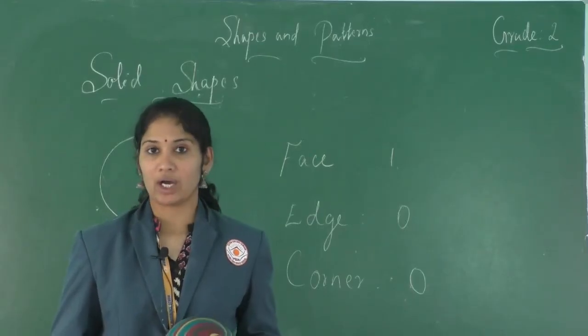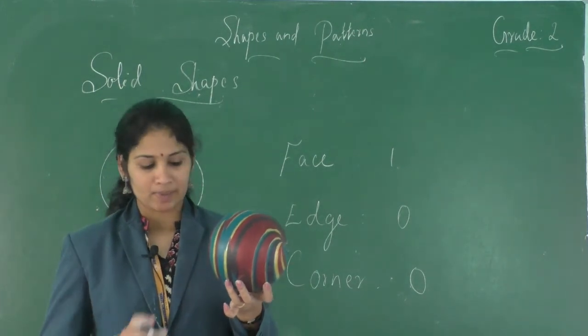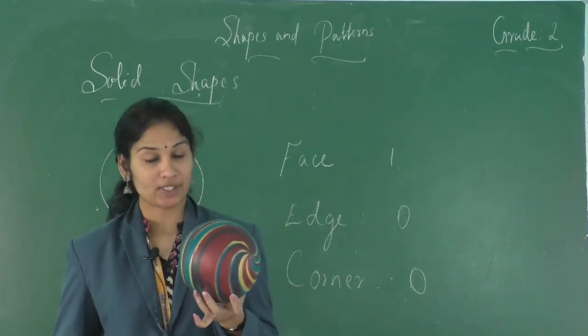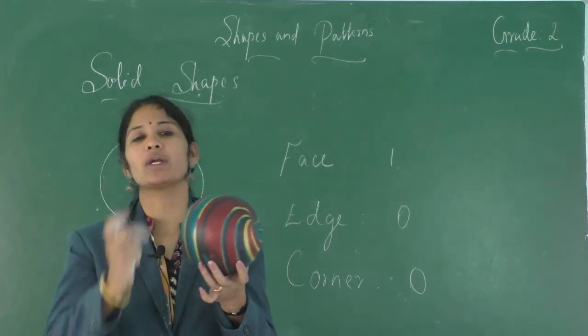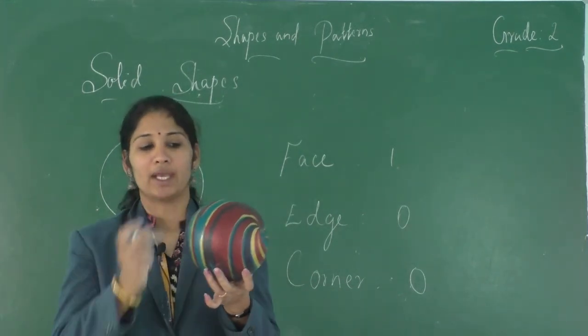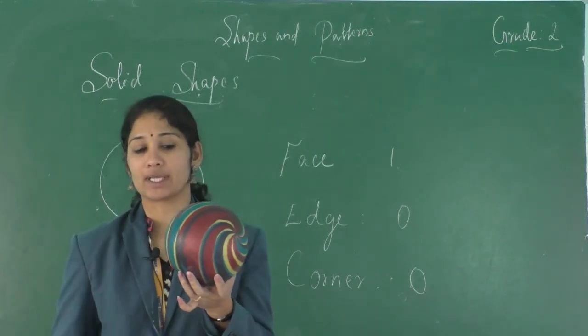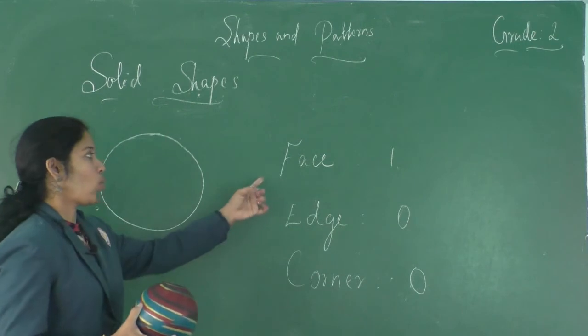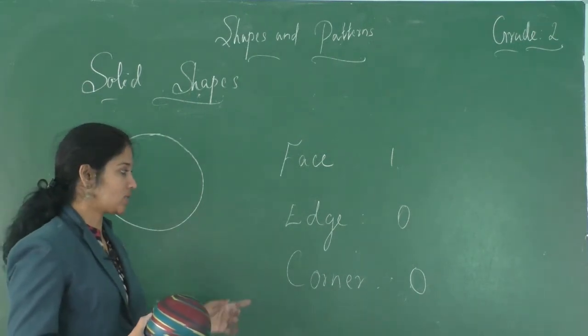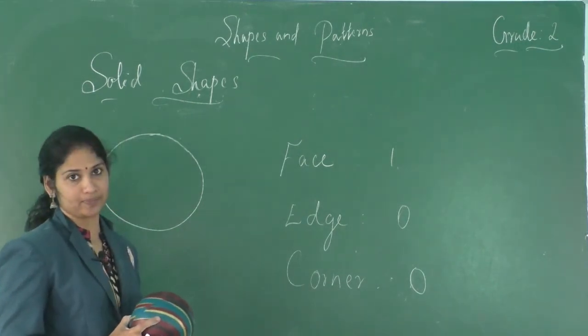Children, next shape we have sphere. Sphere is a 3-dimensional representation of a circle. How many faces? Yes, only 1 face. Any edges? No edges. And how many corners? No corners. A sphere has 1 face and no edges and no corners.